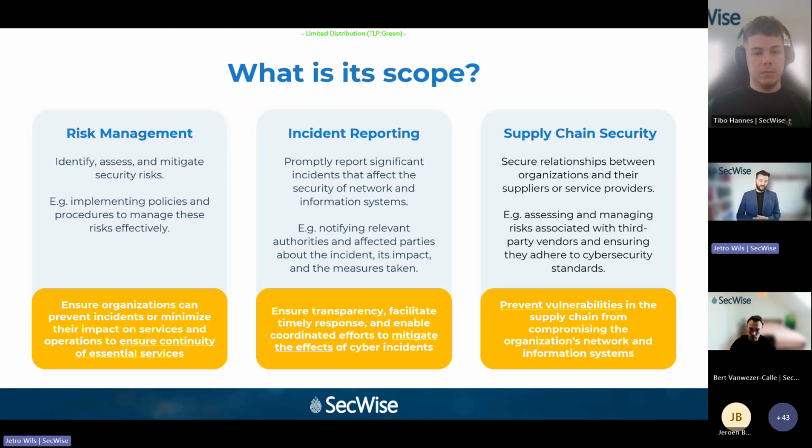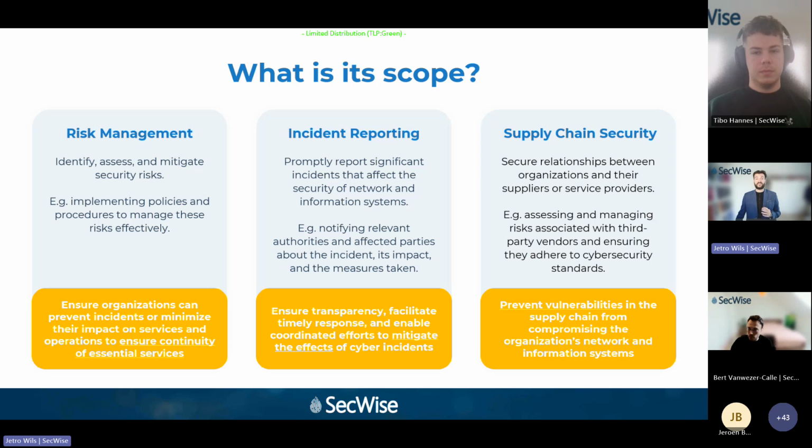Now, you say, yeah, that's all great, but what is in scope, right? Looking at NIS2. And if you simplify it, there are three things we have to work on as an organization, right? We have to work on risk management, incident reporting, and supply chain security, right? So risk management, it's all about continuously looking at and evaluating information security risks. Right?